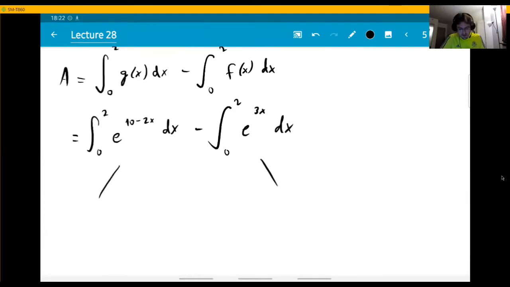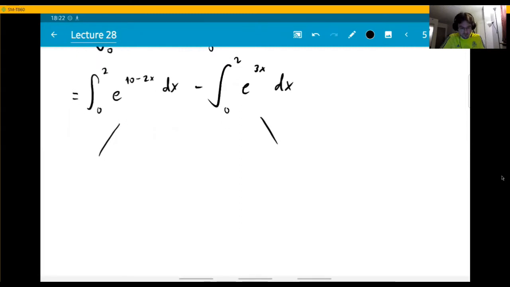So let's do these two separately. Maybe I'm going to call one of them U and the other V, just to be clear. But the substitutions are all very straightforward here. The exponents are linear functions of x, so it's always a good idea to use that entire expression as your new variable. So let's see, if u is 10 minus 2x, then du dx is minus 2, meaning that du is minus 2 dx.